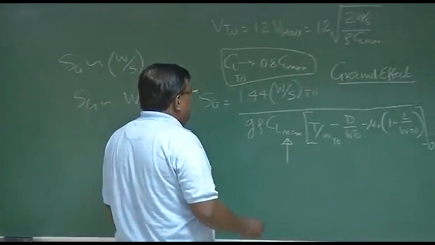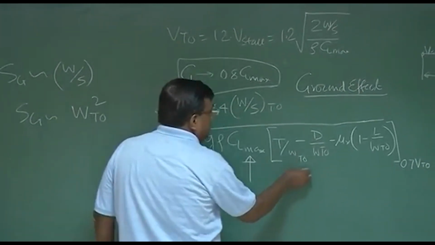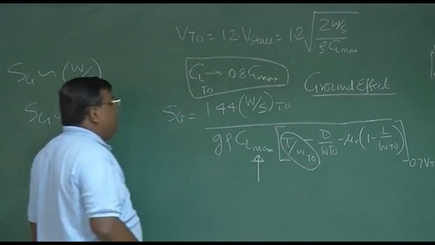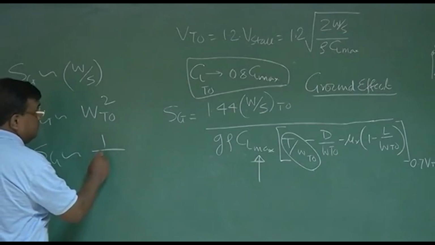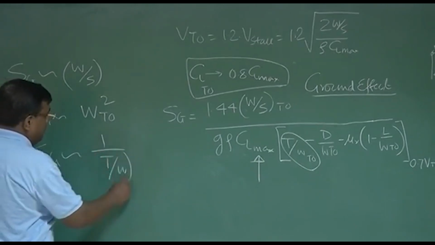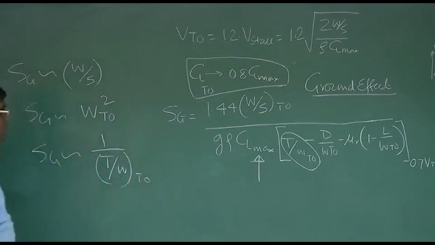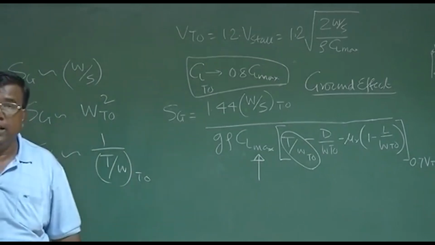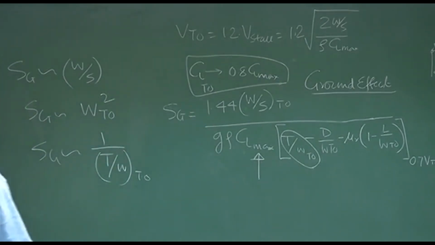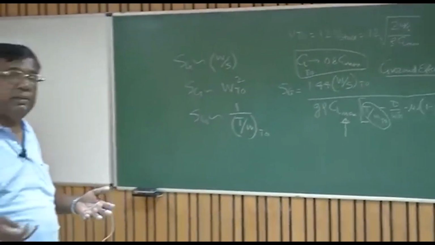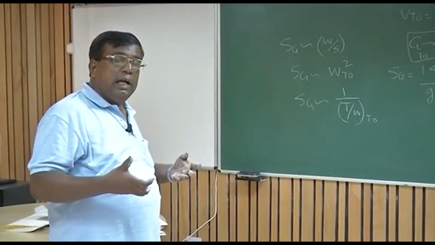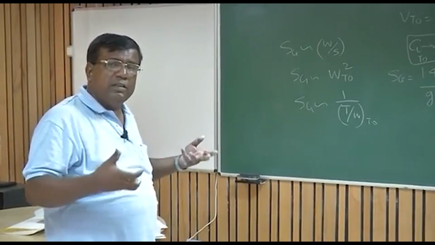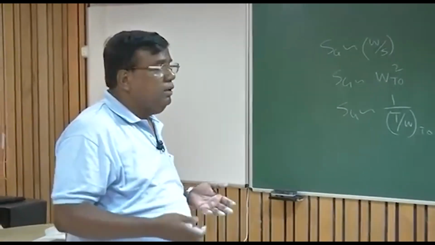More than CL max, if you see T by W, okay? This SG, if we have an engine whose T by W is very high, that will help in reducing the SG distance, that is ground roll distance, which is also obvious. If I have a very thrust efficient engine, the acceleration will be faster because T by W is high, so SG will be less.